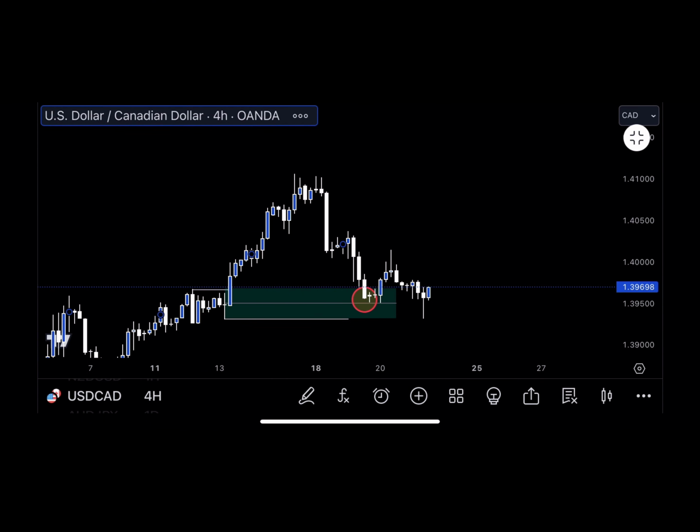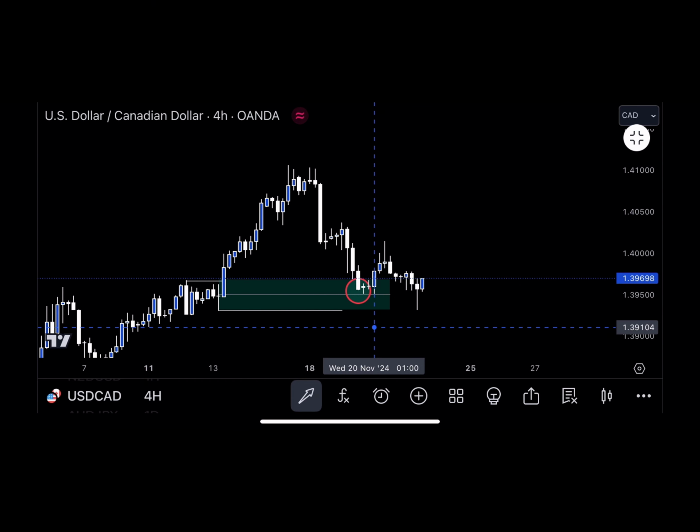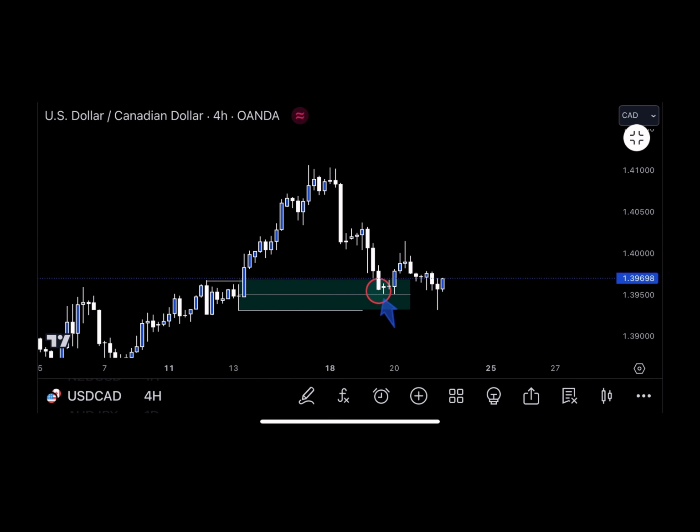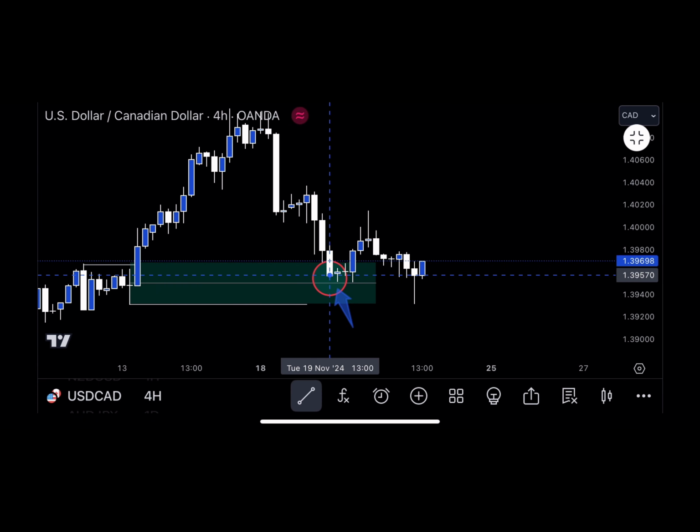So market must set a trap for you to fall in before going your way. That's a must. Here, this here is a clear liquidity. A clear liquidity grab, as you all can see here, a clear one.